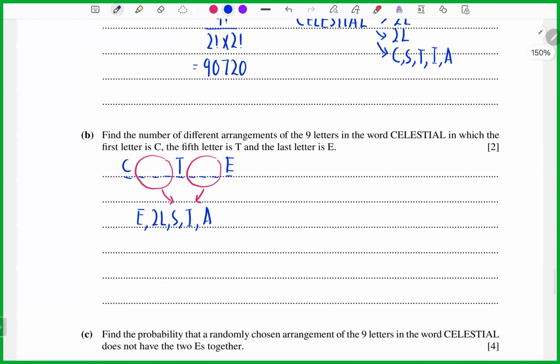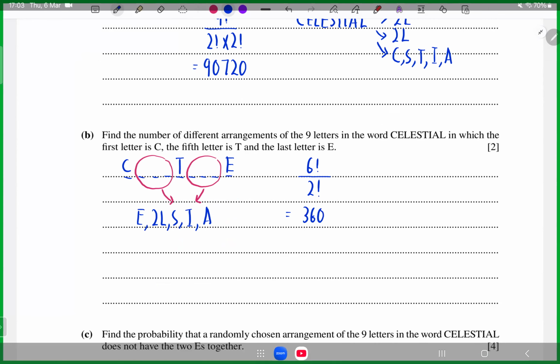So you can take 6 factorial over 2 factorial, which equals 360.